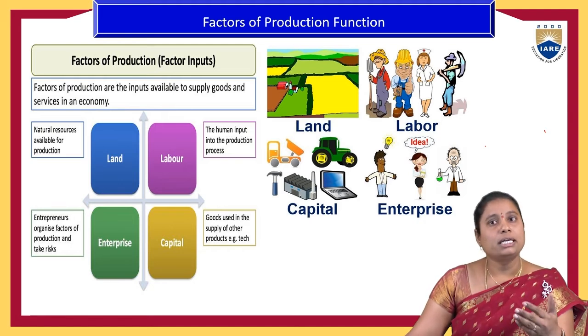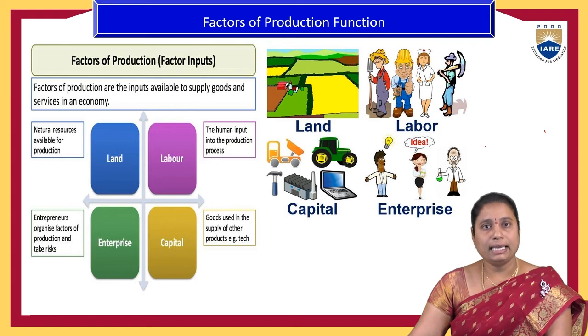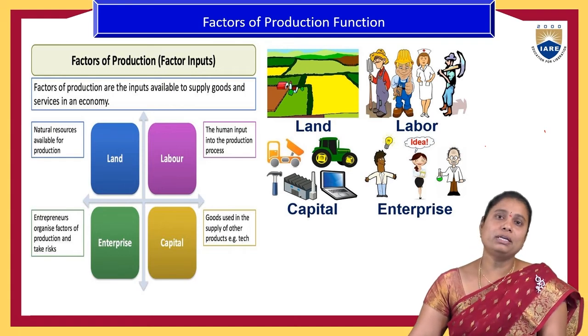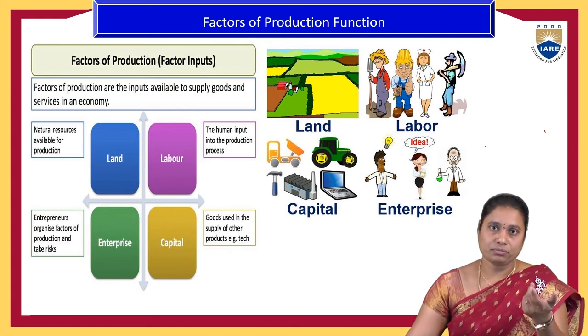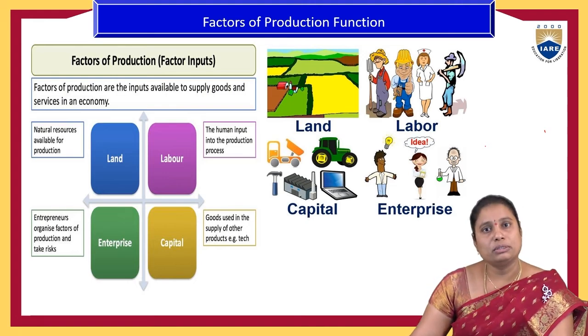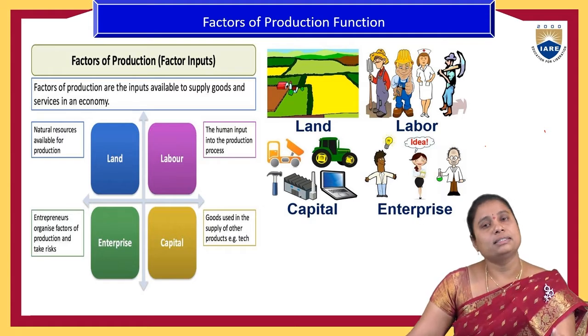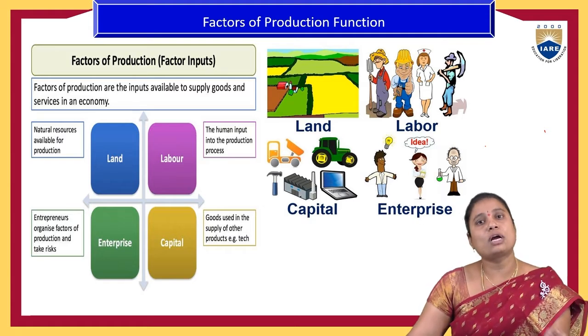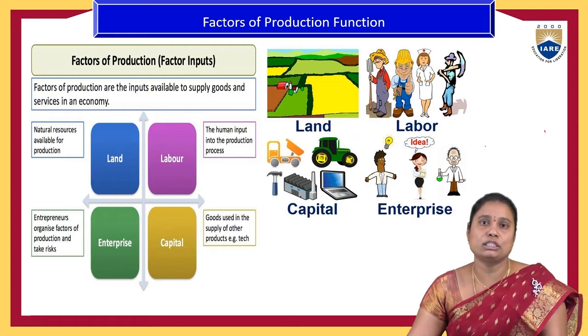The next one, not only land, labor and enterprise, capital is also a key factor. If the farmer is able to invest more, that is, in getting good quality seeds, then there is a chance of getting more harvest or more bags of rice production.